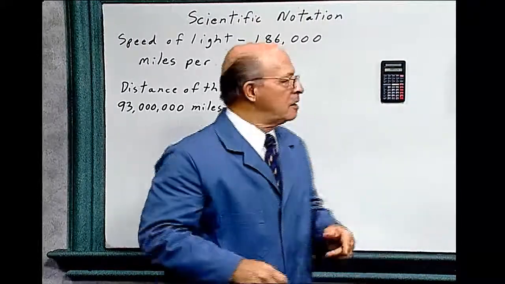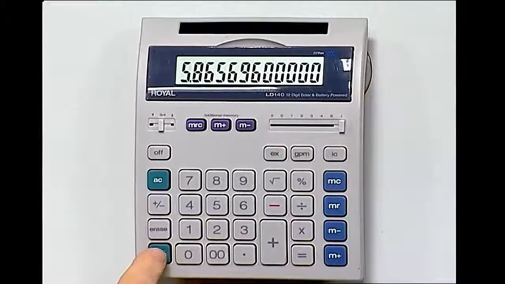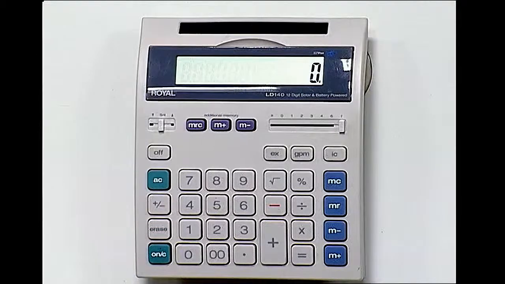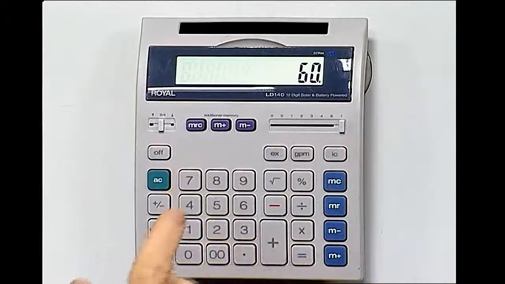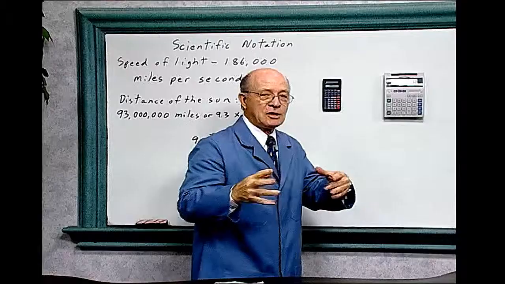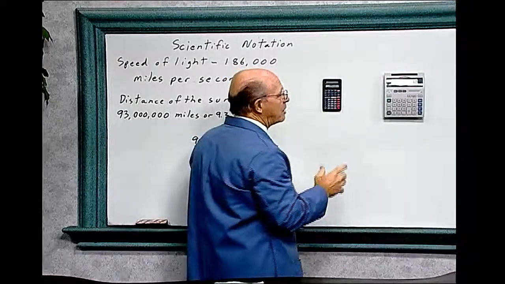Let's go to the calculator. First of all, we'll clear this calculator. All clear? All right, so you earn $1 every second times 60. So in 1 minute, you earn $60. Could you imagine earning $60 in 1 minute? Boy, you would love to earn money like that.